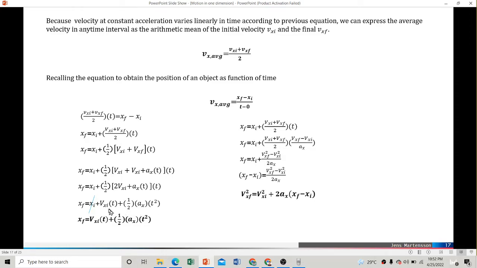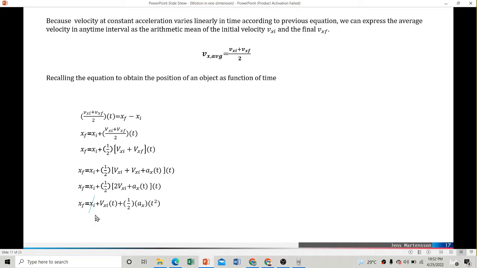If the given problem has velocity, acceleration and distance, or what we are looking for is the x final. So if the given problem has vxi and time and also the acceleration, we can use this equation.